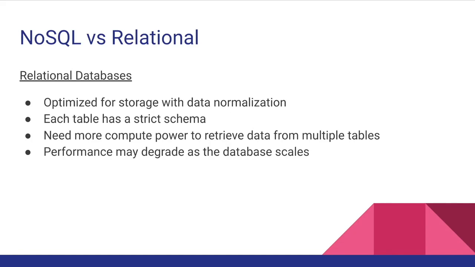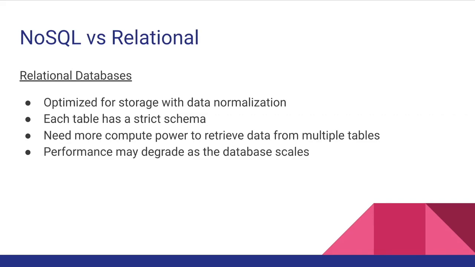By splitting the data across multiple tables, you eliminate redundant copies of your data, thereby reducing the storage. Why did you need to reduce the storage? Because storage was quite costly back then. Although it is not the case today, in those days it was quite costly. So that's why relational database data modeling is mainly focused on optimizing the storage.